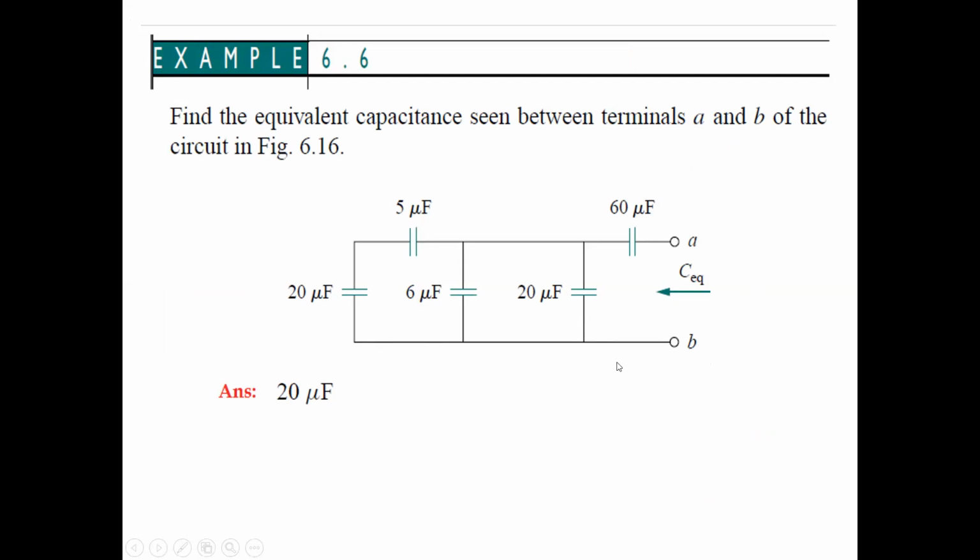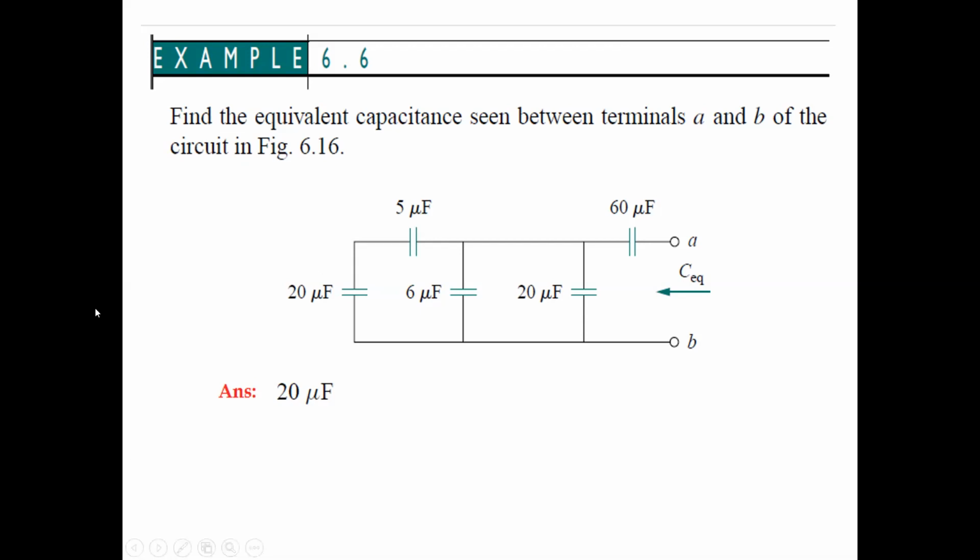Here, the only difference is that resistors are replaced by capacitors, and we have to find the equivalent capacitance between terminals A and B. So let's start. 20 microfarad and 5 microfarad capacitors are in series, hence we will use the formula which we use to find the equivalent resistance when two resistors are connected in parallel.